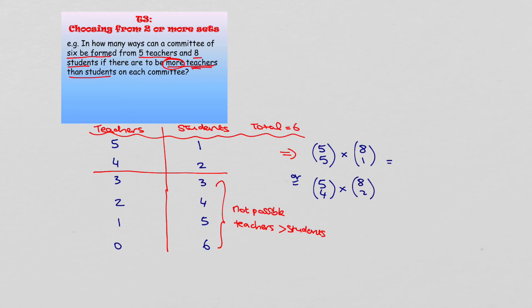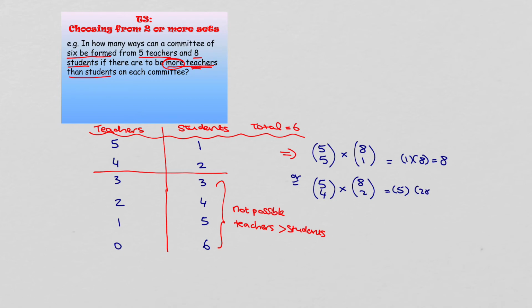So that would give us 5 choose 5, which is 1, times 8 choose 1, which is 8. So that would give us a total of 8 there. And then we have 5 choose 4, which is 5. And 8 choose 2, which is 28.